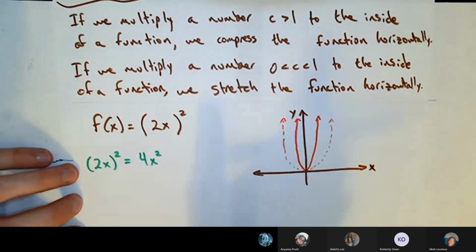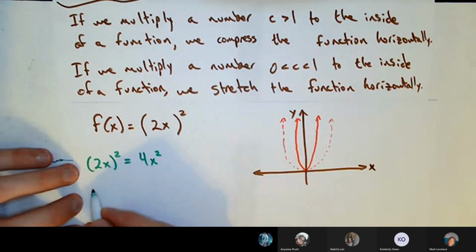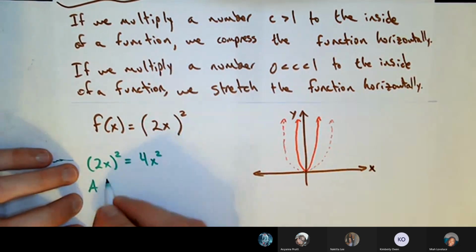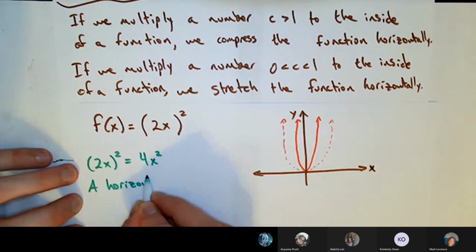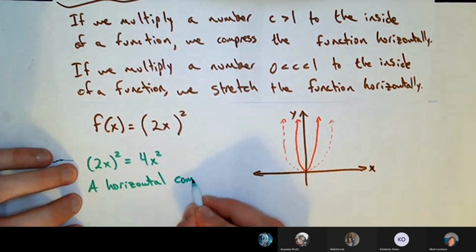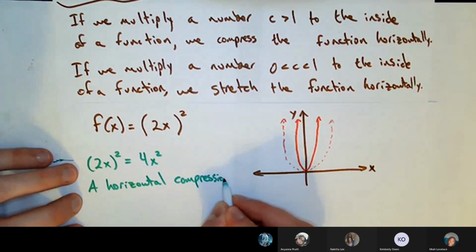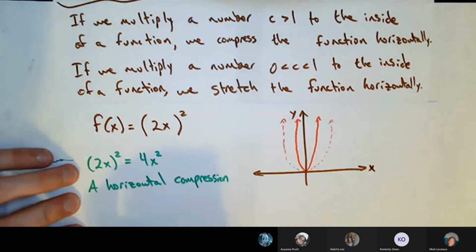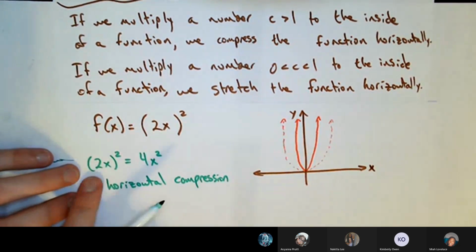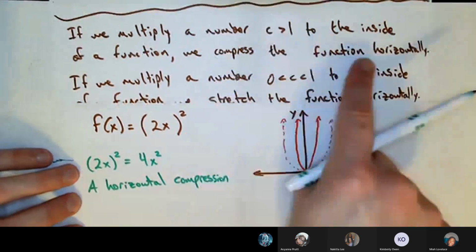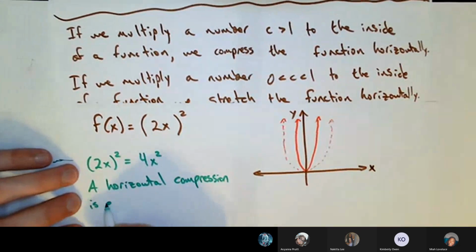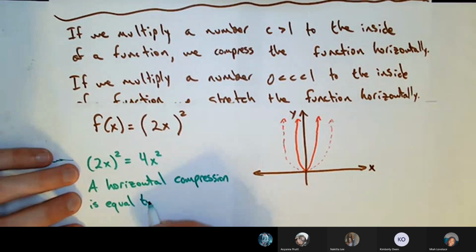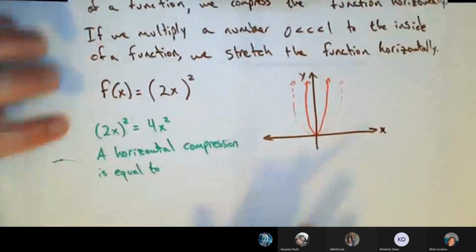So what's the point here? On the left is a horizontal compression. It's a horizontal compression by 2, but I'm going to be vague and just say horizontal compression. It's a number bigger than 1 on the inside of the function, so it's a horizontal compression, which is equal to, on the right here, where I've expanded the function by distributing the square across the product, which is legitimate.